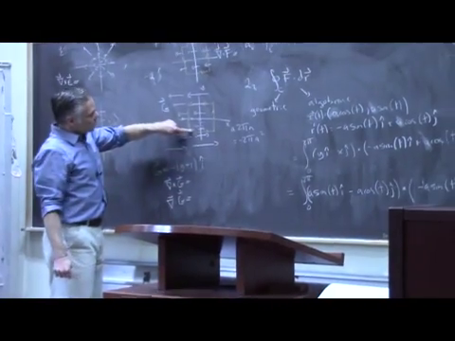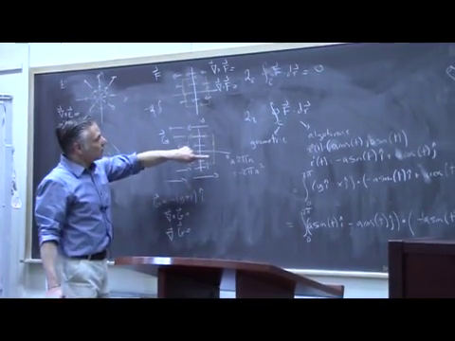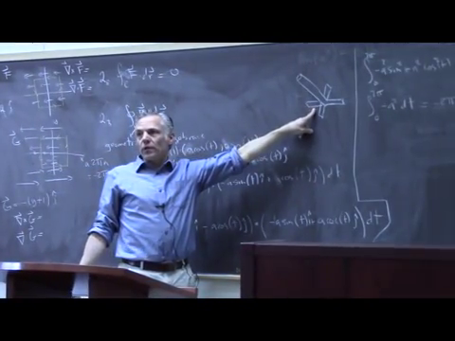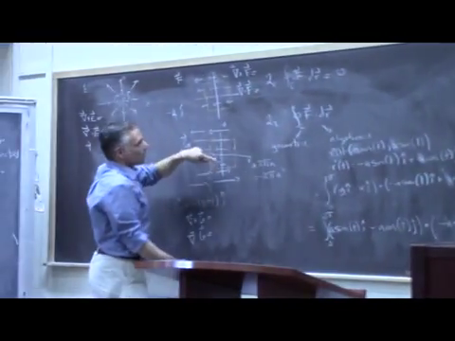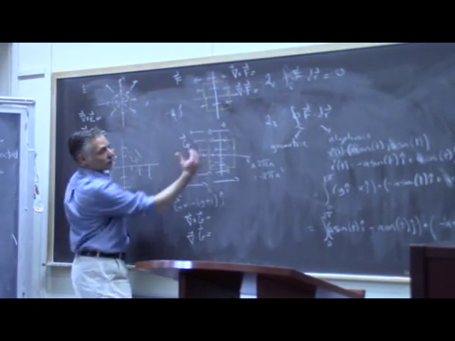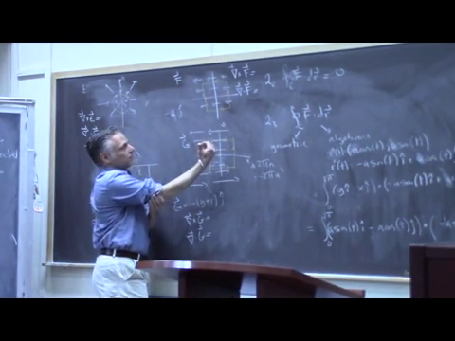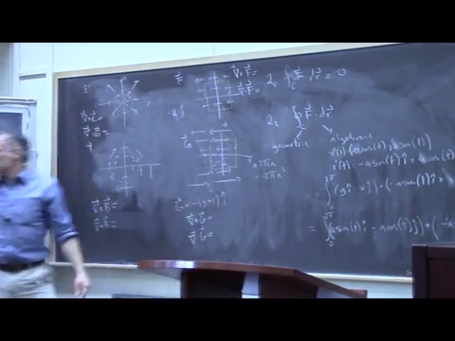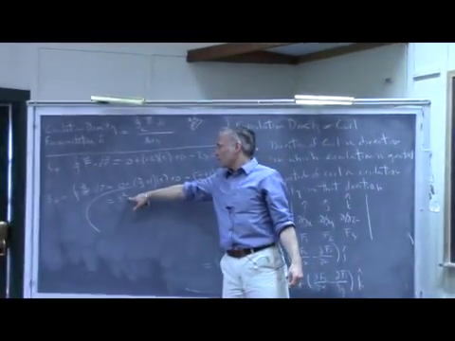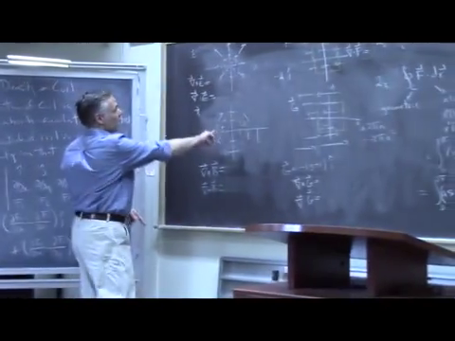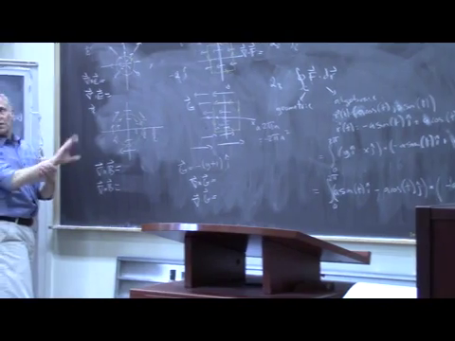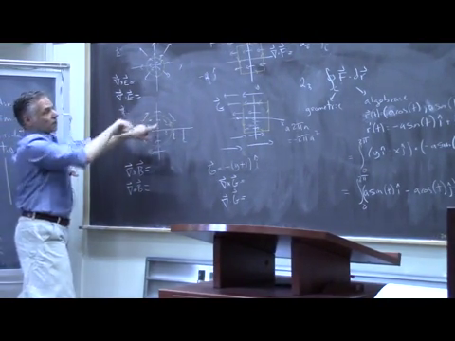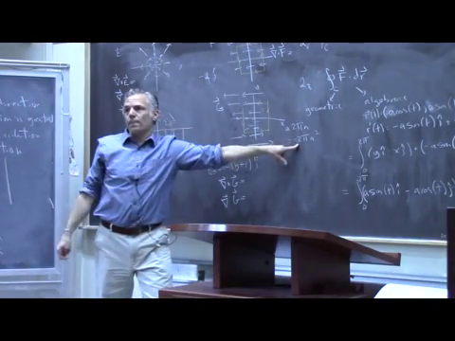If I were to put this little whirlpool meter in here, it would be spinning this way, which by the right-hand rule is out of the board, which by the normal convention would be positive. So the fact that we're getting a positive number here makes sense. The fact that we're getting a negative number here, what type of whirlpooliness is it? It's this type that would be into the board, which would be negative, which is why we get a negative.